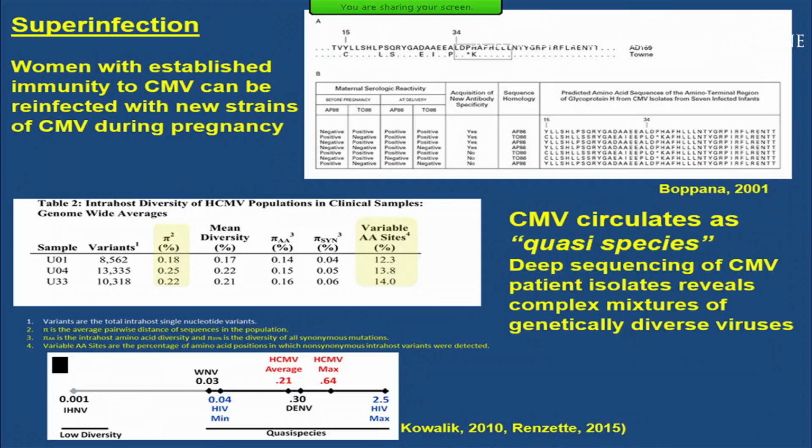More recently, when next-generation sequencing has been done on CMV isolates, we see that CMV actually circulates as a quasi-species, complex mixtures of genetically diverse viruses in most individuals, therefore providing at least a reservoir of viruses that could reinfect these women. As you can see in the bottom panel, this diversity approaches that of dengue virus.